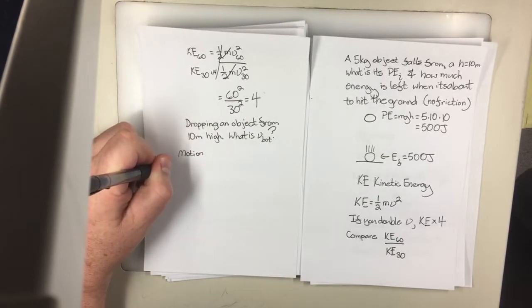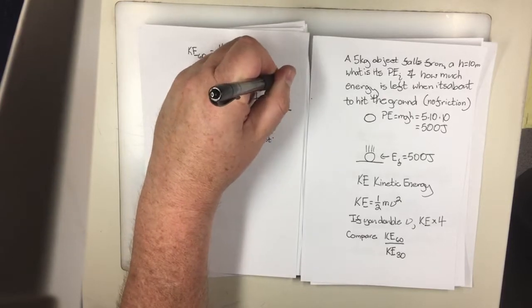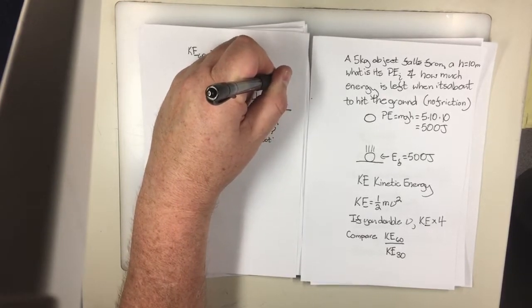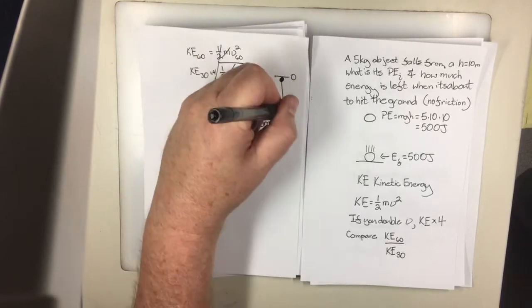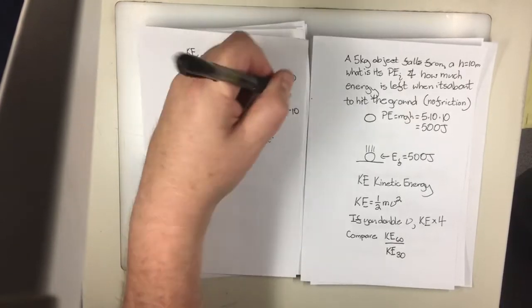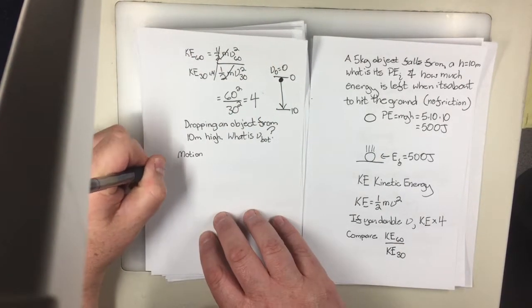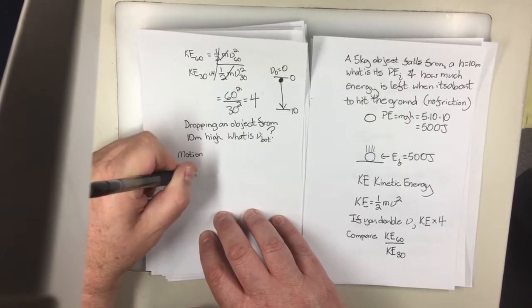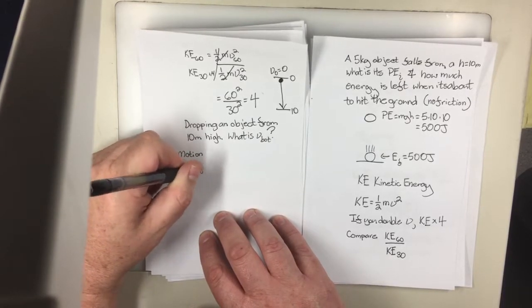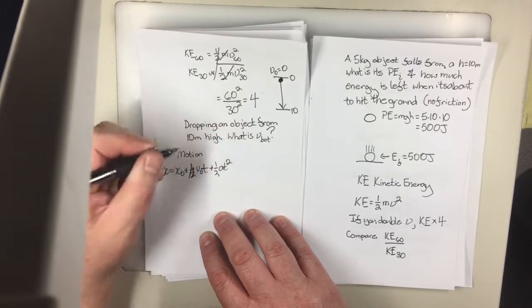We know that our one-dimensional motion equation says, and we're going to go down in this particular case, I'm going to set the origin here. That is 10. The initial velocity is 0. And so I need x equals x naught plus v naught t plus 1/2 a t squared.